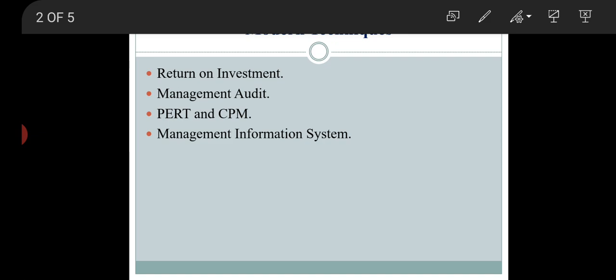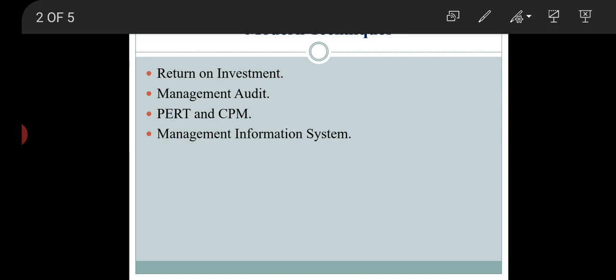If the auditors find certain drawbacks or weaknesses in implementing various functions or managerial practices, they are clearly mentioned with remedies. That means what the drawback is and what action the organization has to take so that this drawback can be removed or the mistake can be rectified. That way the report is prepared.